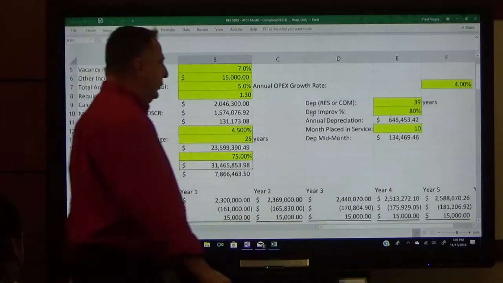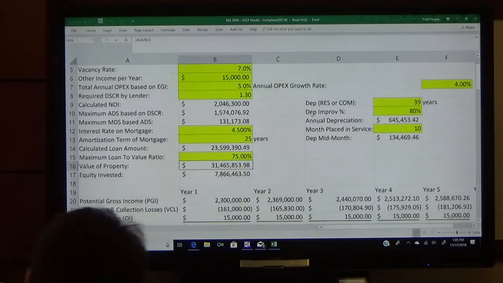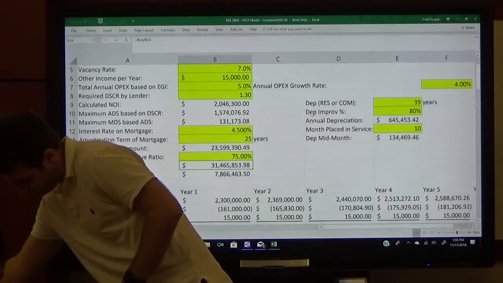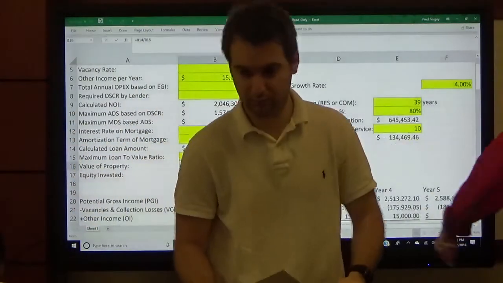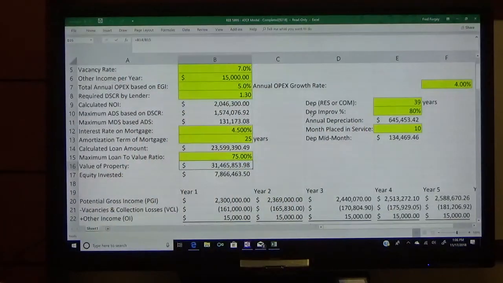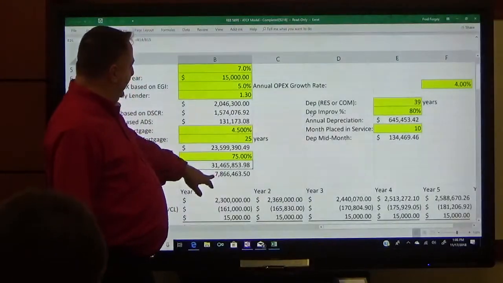So we go over here and replace these numbers: 31 million, 465, 853, and 98. We'll leave out the 98 cents.